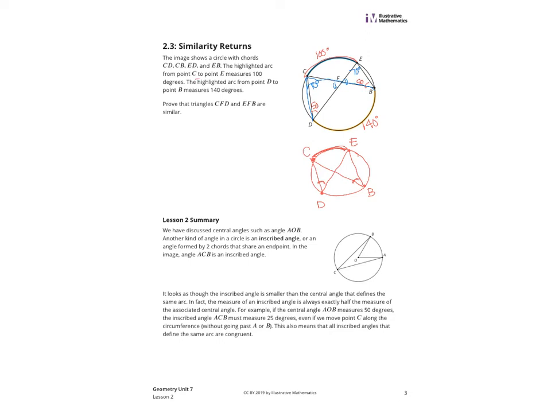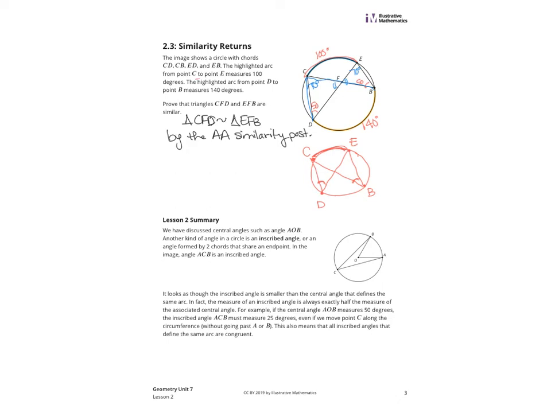So in this picture, I've now shown that triangle CFD is similar to triangle EFB by the angle similarity postulate from a long time ago, I think Unit 4. So this is a picture that had multiple inscribed angles that I had to evaluate.